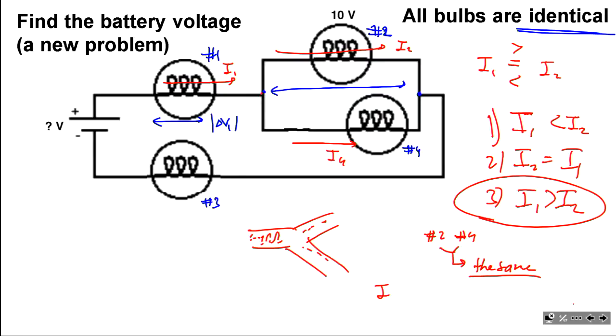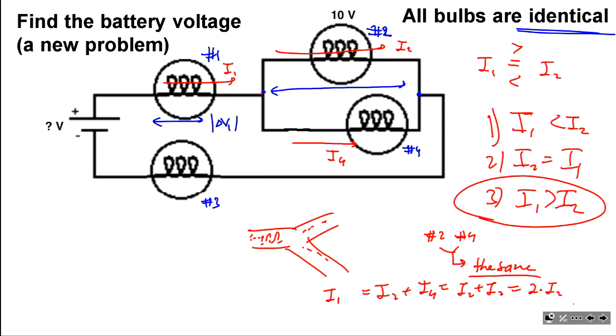So if we add them up together, we should get the original current. The original current just evenly splits between two other currents.